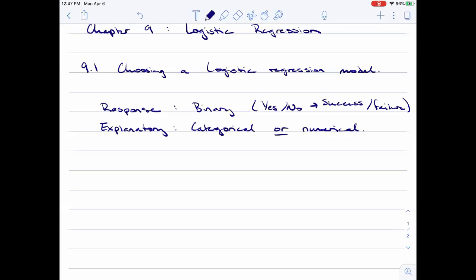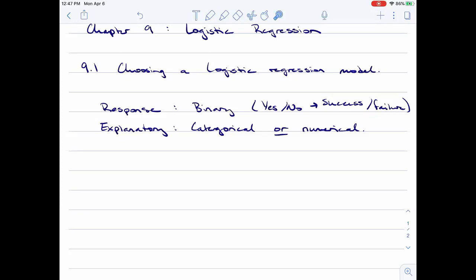Because we've got this binary response, we can change all our responses to a success-failure situation, and we can do that with a lot of different data. It's not always the best way to model it, but we can usually whittle things down to success-failure.